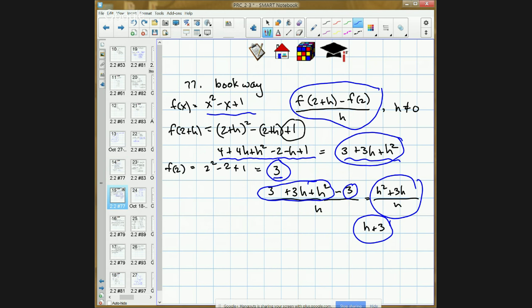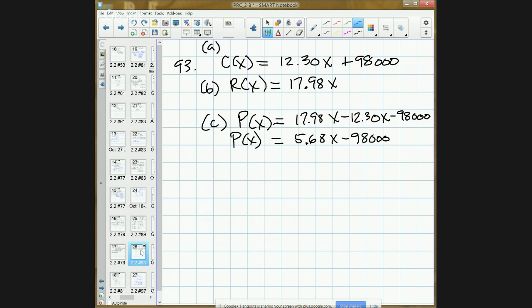The next request I have is for number 93. So I'm going to go over to 93. 93 is one of these business problems: cost, revenue, profit. It says the company produces a product for which the variable cost is $12.30 per unit.